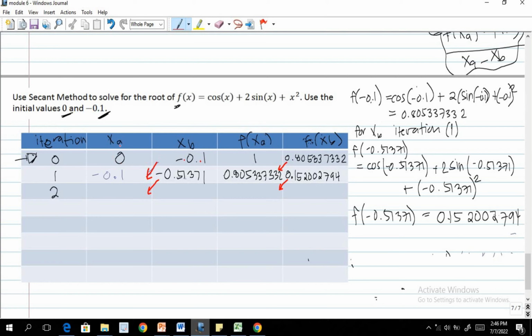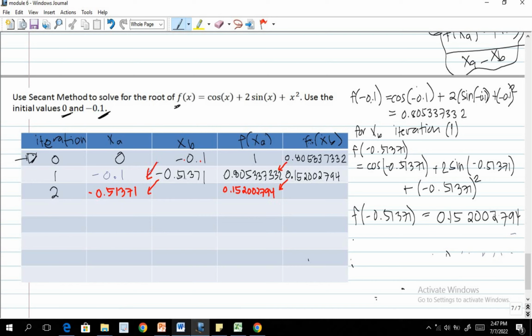So, ngayon yung xa ng iteration 2 ay magiging negative 0.51371. Ang function ngayon ng aking xa ay 0.152002794.